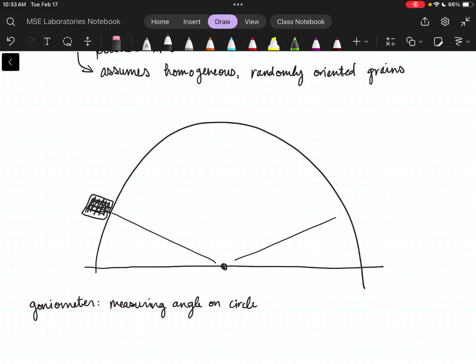In most instruments, on the left-hand side of this clock or this goniometer, we have a source of X-rays.